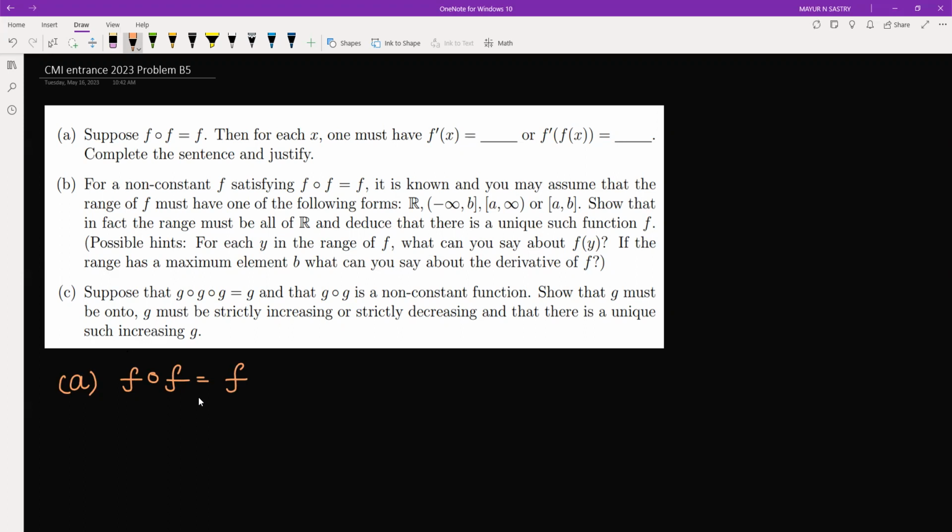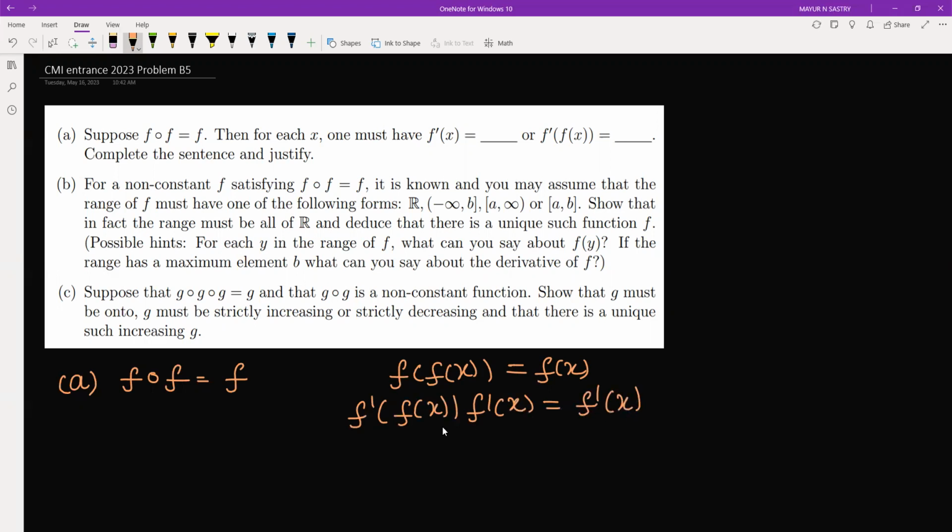So if f of f equals f, then we have f of f of x is equal to f of x. And by differentiating both sides, we'll use the chain rule for the left-hand side and we'll get f prime of f of x times f prime of x is actually equal to f prime of x.